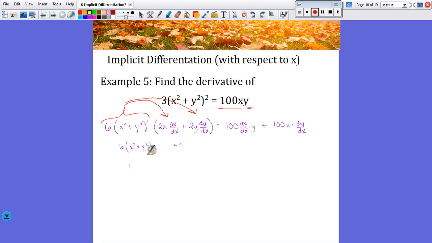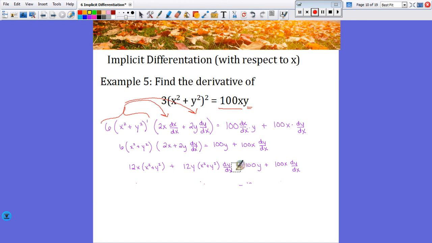So I'm going to get 6 times x squared plus y squared times 2x plus 2y dy dx. Oh, just kidding. All I did was make the dx over dx 1. Now I'm going to distribute. So I'm going to have 12x times x squared plus y squared plus 12y times x squared plus y squared dy dx equals 100y plus 100x dy dx.